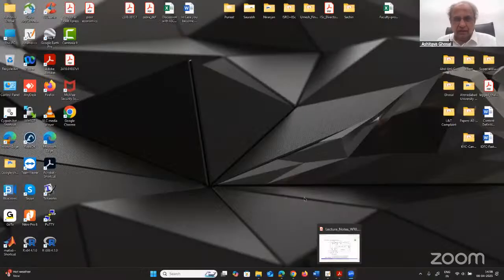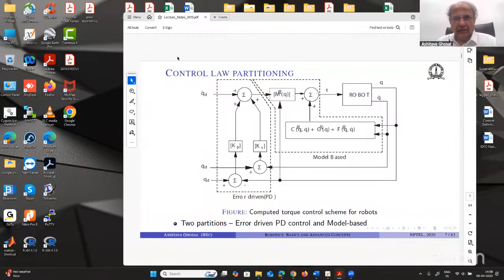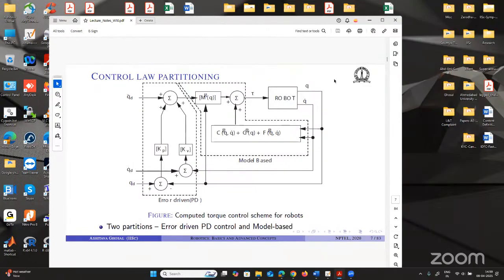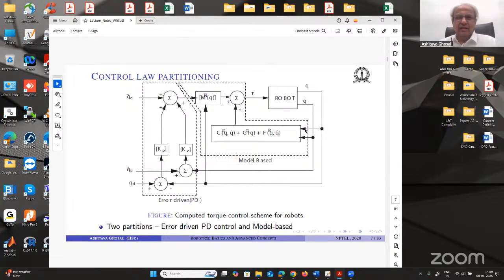So if you can see, Ninad, I'm going to share my screen and I will show you the part which I think you are talking about. Okay, so this is the part. Shomo, can you see my screen? Yes. Okay, so what I'm showing you here is something called model-based control.